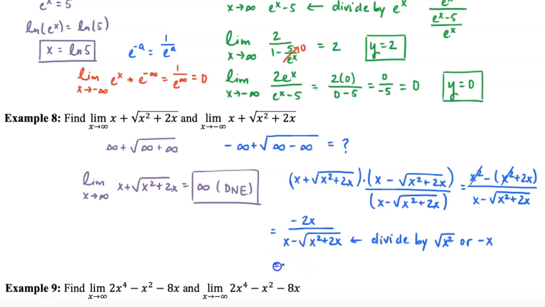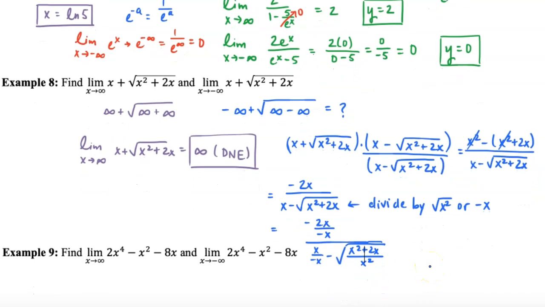So let's do that. So this is going to be negative 2x divided by negative x, divided by x divided by negative x minus the square root of x squared plus 2x divided by x squared. We made that an x squared inside of our square root. Finally, we are taking that limit.